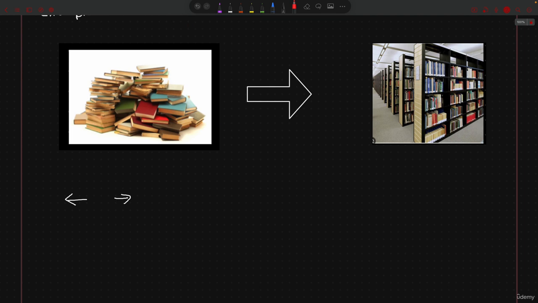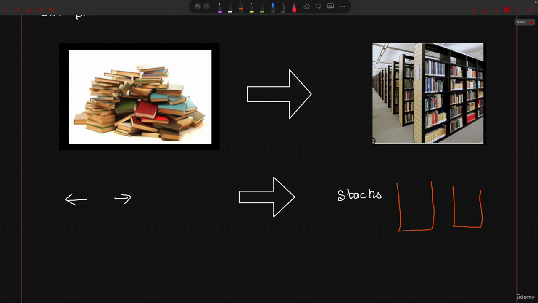To implement this feature in any software, you will be able to do it very nicely if you have knowledge of stacks. Having knowledge of stacks, which is again a data structure, something like this, is very helpful if we want to implement this particular feature.